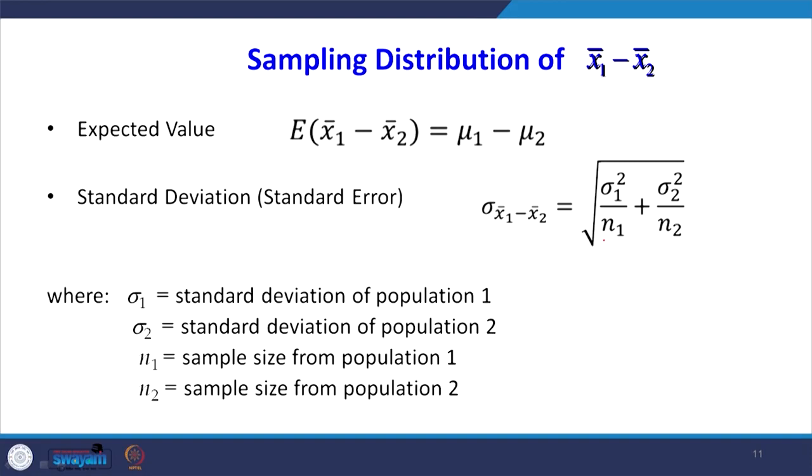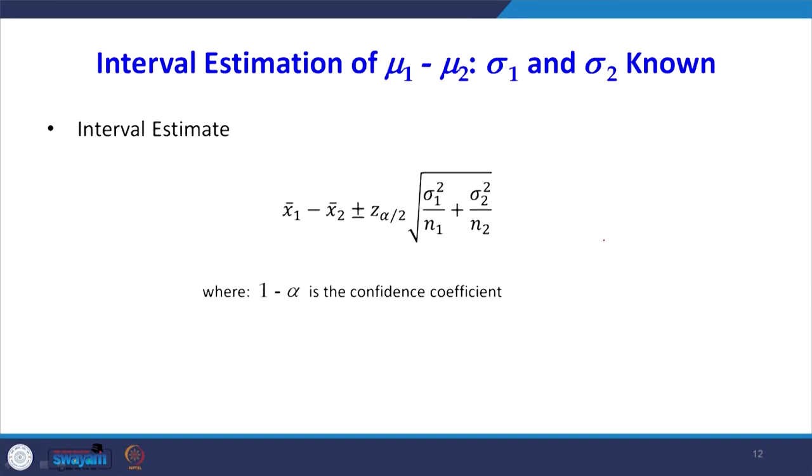For the sampling distribution of the difference of two population means, the expected value is E of x1 bar minus x2 bar equal to mu 1 minus mu 2. The standard deviation, as we have already seen, is root of sigma 1 square by n1 plus sigma 2 square by n2. The interval estimate is x1 bar minus x2 bar plus or minus z alpha by 2 times root of sigma 1 square by n1 plus sigma 2 square by n2.